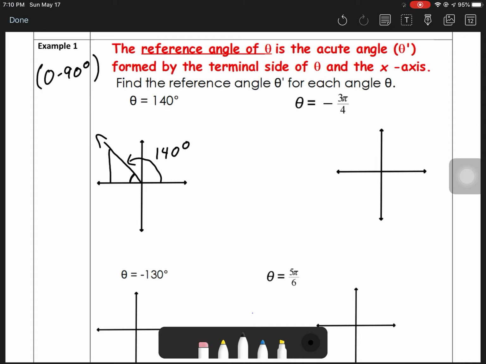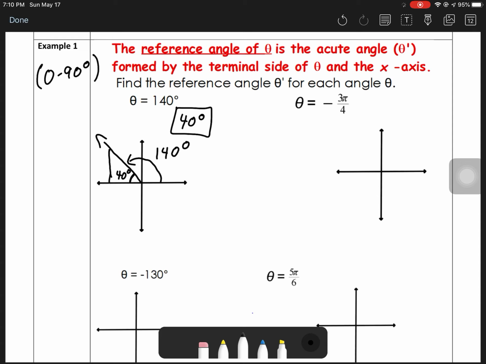We already went 140 degrees, and to get all the way down to touch the x-axis, we would have to go an additional 40 degrees, because 40 plus 140 gets us to 180, and we know that halfway across is 180. So the reference angle here is 40 degrees. That would be our answer.